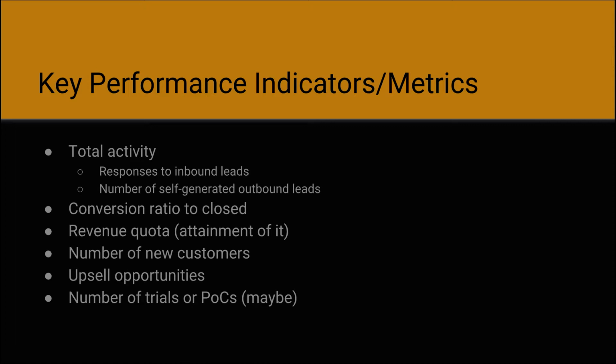Depending on also what the role entails specifically for your case, you might be able to upsell into current accounts. That would really just roll up to your revenue number, and that would help towards achieving your quota. And then the last thing you maybe will see on your comp plan would be a number of trials or proof of concepts that you conducted.